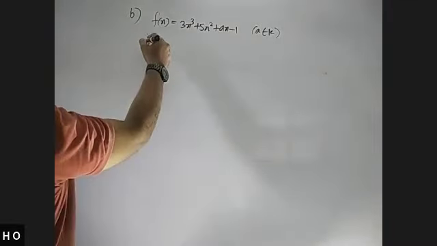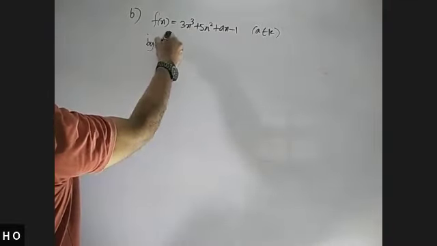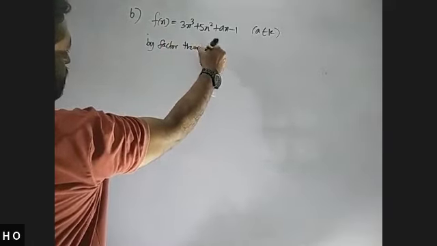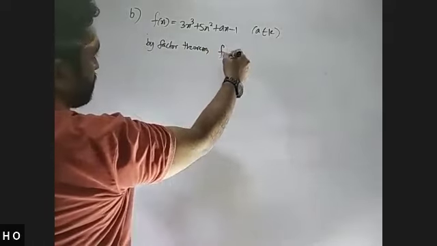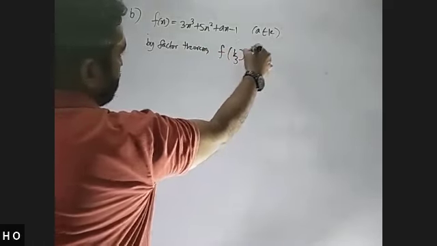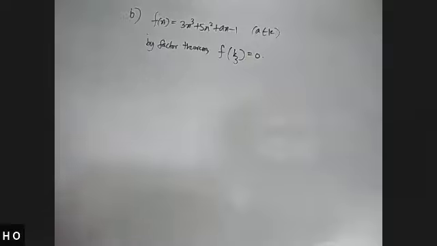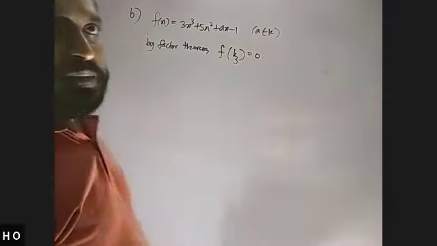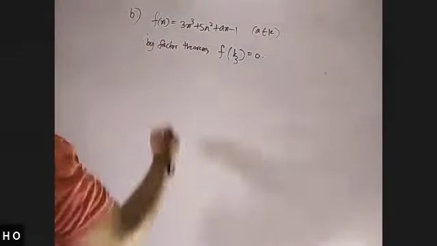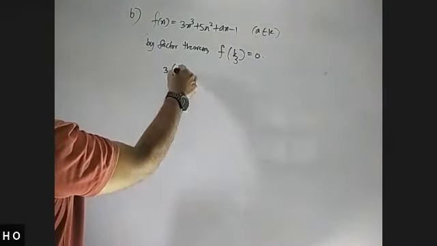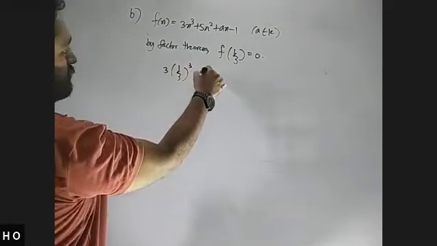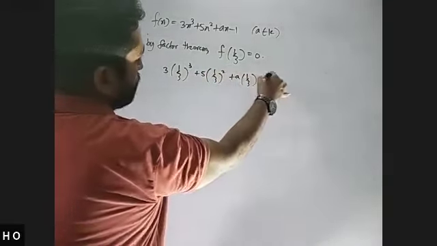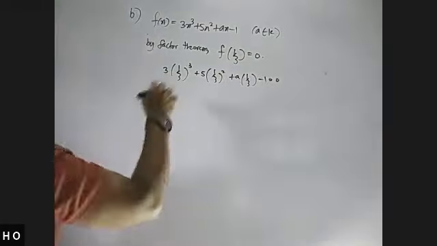So you can say by factor theorem, 3x minus 1 is a factor, and f(1/3) is 0. So 3 into (1/3) cubed plus 5 into (1/3) squared plus a into 1/3 minus 1 is 0.